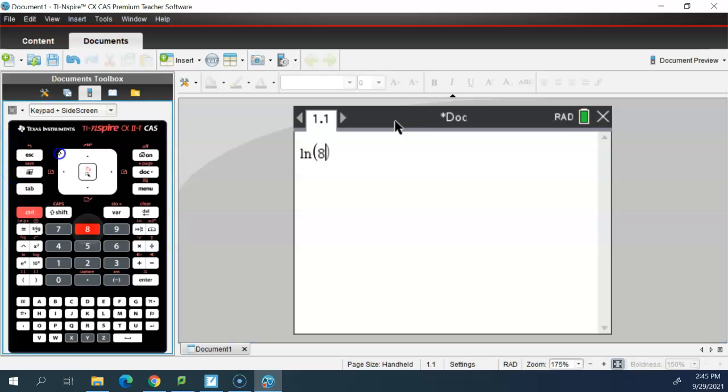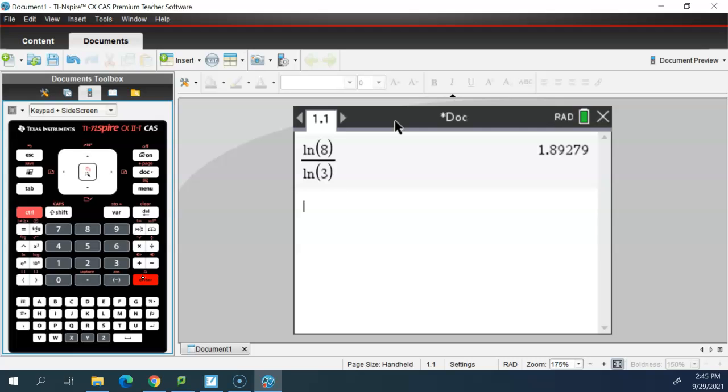Natural log of 8 divided by natural log of 3. Oops, where'd my 3 go? 3 went there. And I get 1.89279.